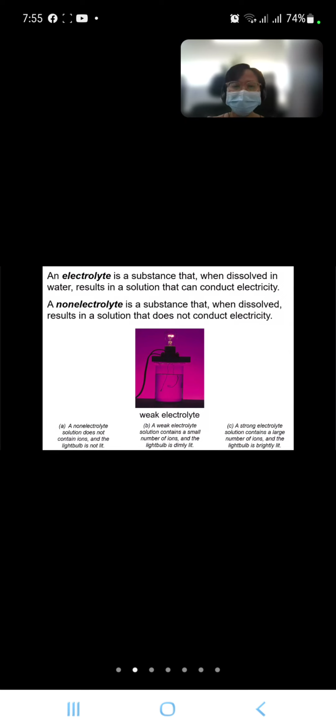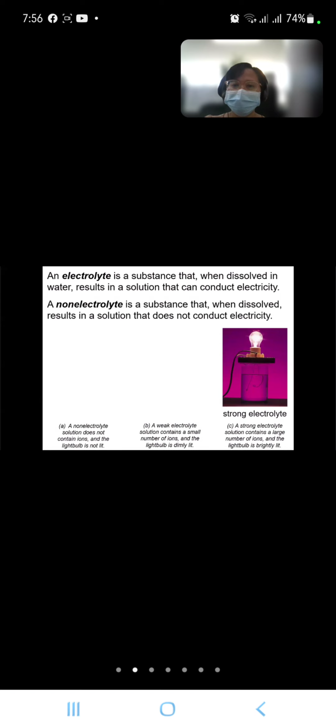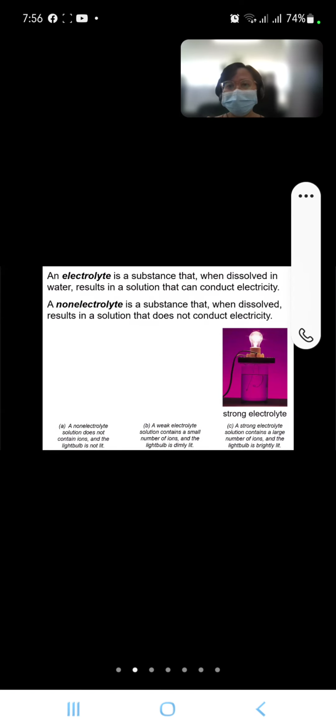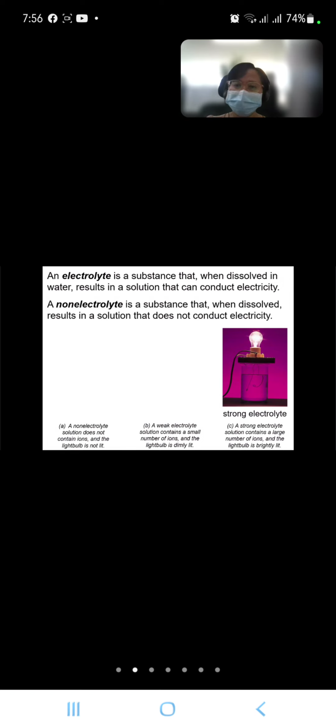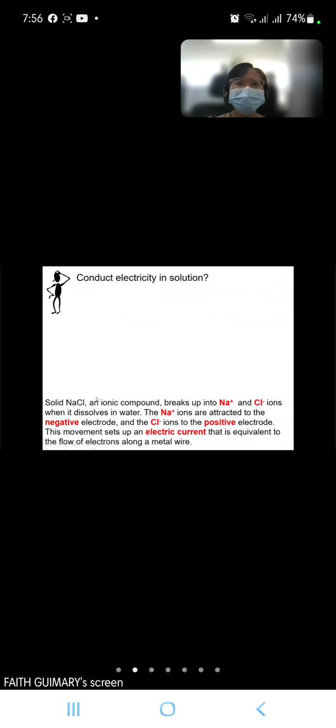Because only a few ions are being produced in the solution for a weak electrolyte. But for a strong electrolyte, the light bulb here is brightly lit, because it contains a large amount of ions.